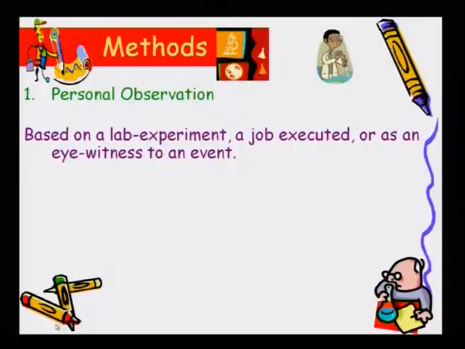Then you can be just an eyewitness to an event. For example, the fire accident that happened in your factory, you happen to be just there, you saw what happened, you saw people running here and there, and you saw the fire engine coming at this time. So, you are asked to give the report because you happen to be the eyewitness and you are on the spot.